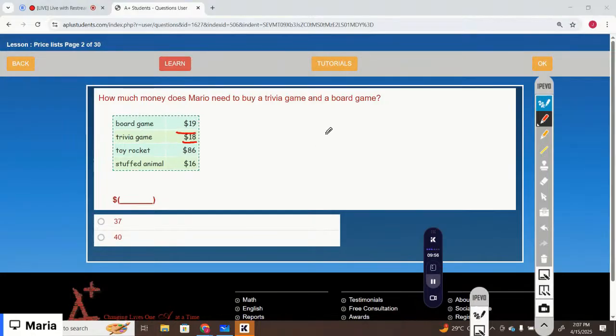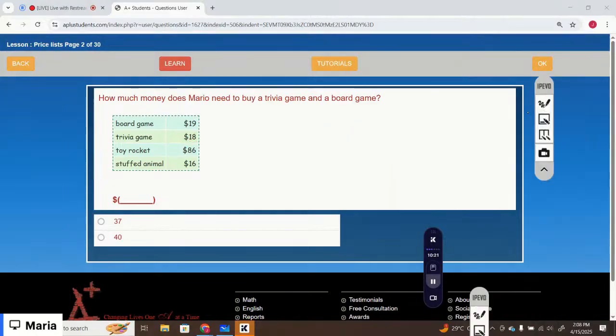So just add, because we need to see how much total money he needs. So 9 plus 8 is 17. 1, 1, 2, and 3. So that means he needs $37 to buy a trivia game and a board game. Option number one is the correct option. That is $37.